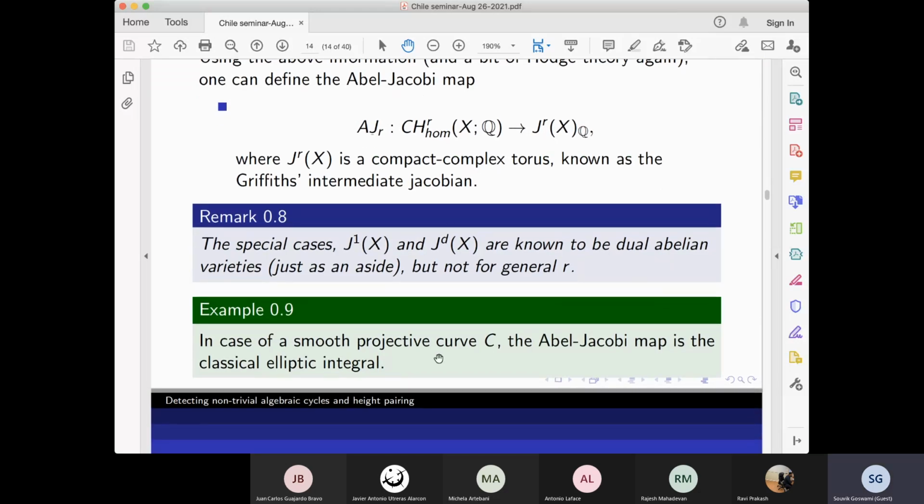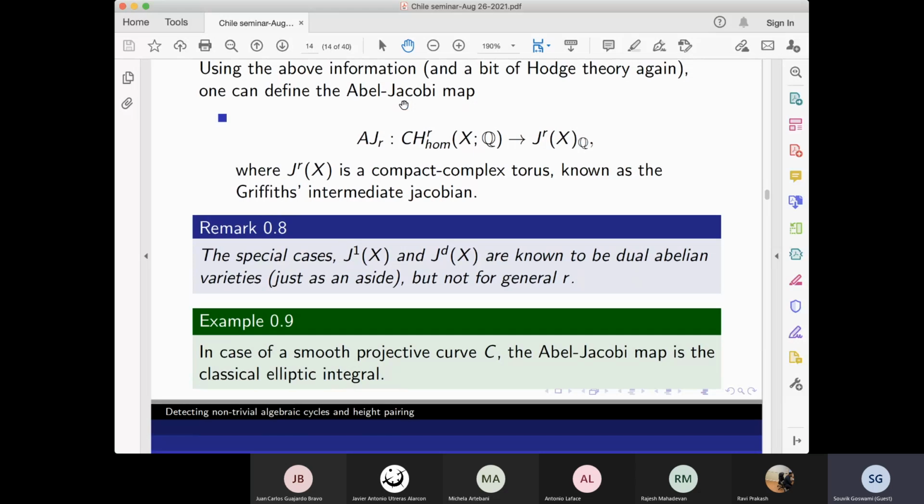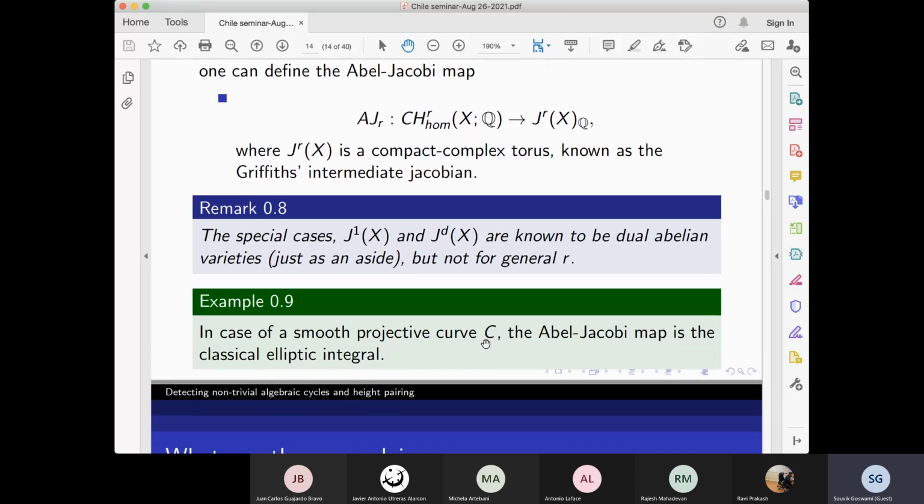So why the name Abel-Jacobi? Because if you take a smooth projective curve, then AJ1 from CH1 Hom of C to J1 of C, which is an abelian variety, is simply the Abel-Jacobi map. What does one do here? Take the favorite example, C equals P1. Take the difference of two points, say P1 minus P2.